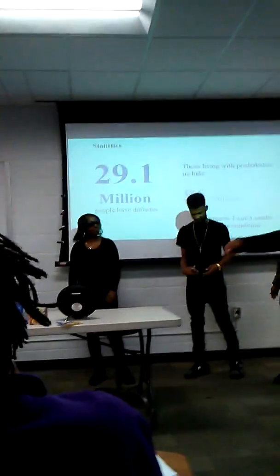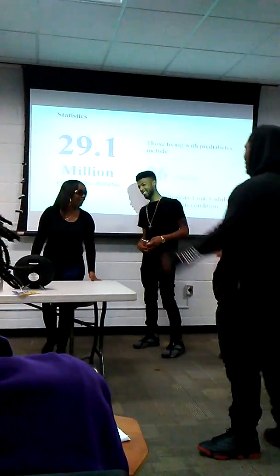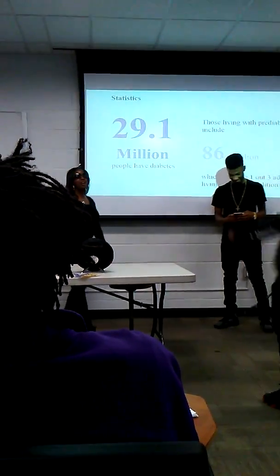Type 1. Young children usually get this. It's when the body can't produce enough insulin. The little girl says, Mommy, I'm weak. She lacks energy even when she eats. Type 2 comes around when you're older. You gotta work hard to get stronger. Pay attention to your blood sugar levels, and know that Big Macs are the devil.